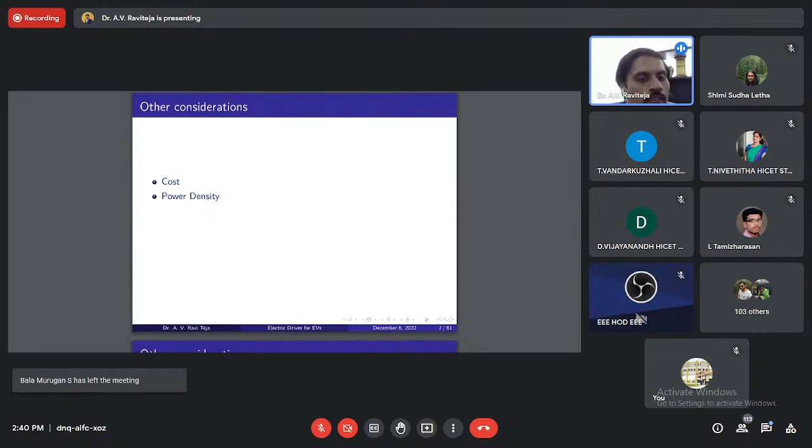And any other consideration, power density and weight. Why are these important? Because in an electric vehicle, you have to carry the motor along with the vehicle. So if for a given power rating the power density is high and the weight of the motor is small, then for the same power rating you can carry more passengers or more luggage.